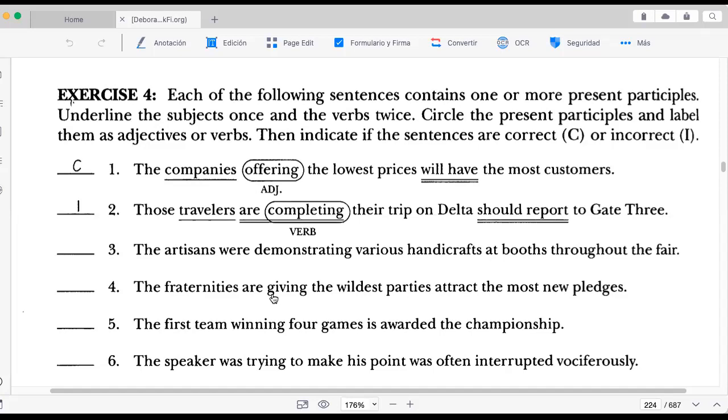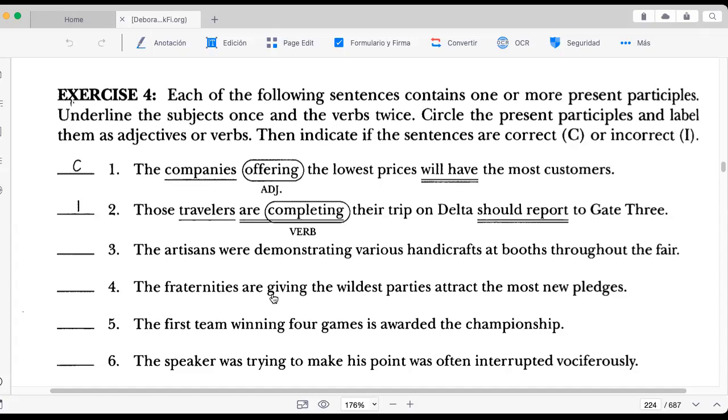Number 4. Who wants to read it? Someone who wants to read it? I will do it. The fraternities are giving the wildest parties, attract the most new pledges. Okay, it's time to start. Subject. The fraternities. Very good.